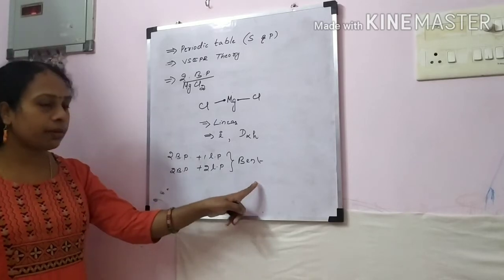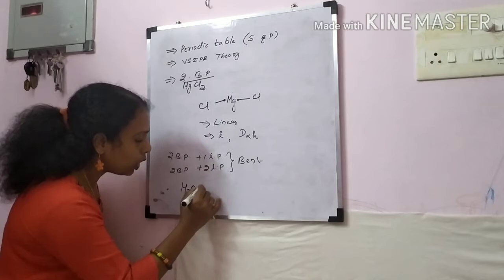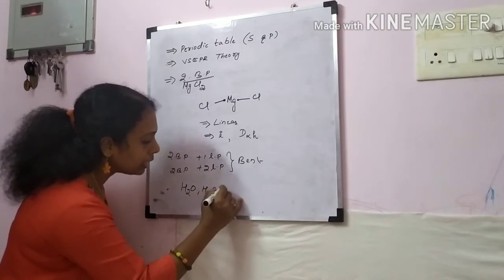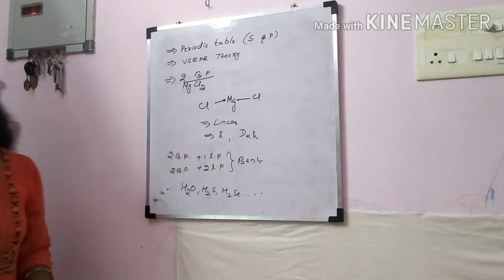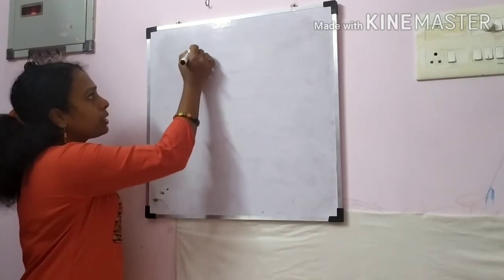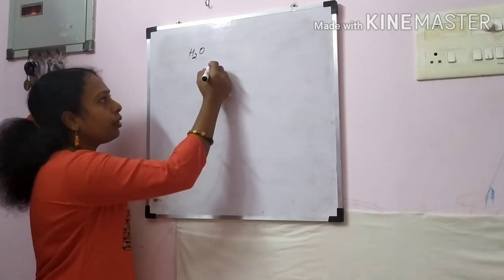We will see the examples. We will take the oxygen family first: water, H2S, H2Se, etc. We will see how it comes. So first we will take the water molecule. Oxygen family, 8 electrons.